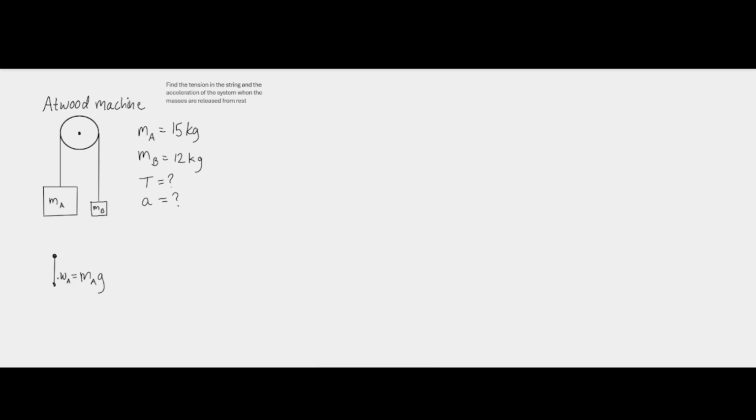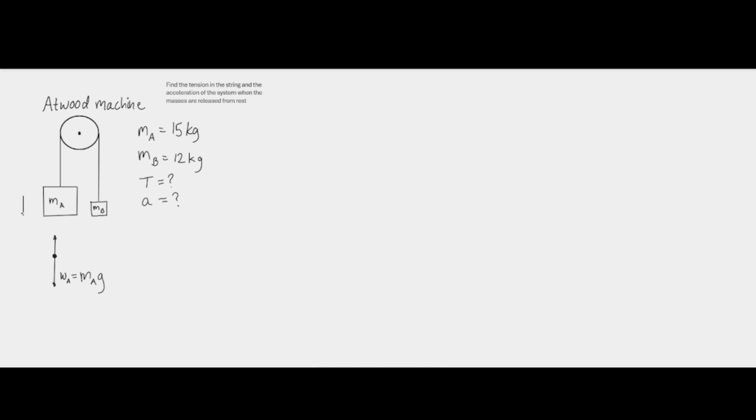And we know also that it's attached to a string, so we have some sort of tension force. And it'll be less than the weight force, because we know it's going to accelerate downwards. Once this is released from rest, because we have mass A being more massive than mass B, clearly mass A is going to accelerate downwards.